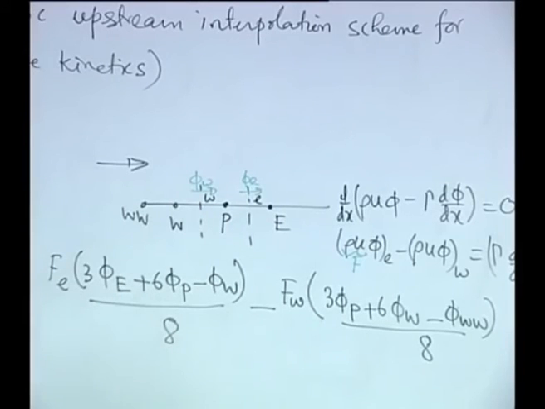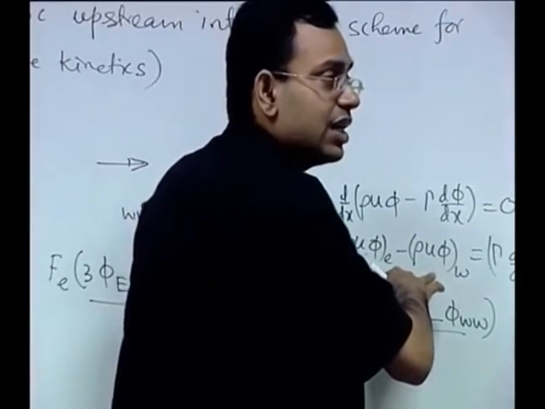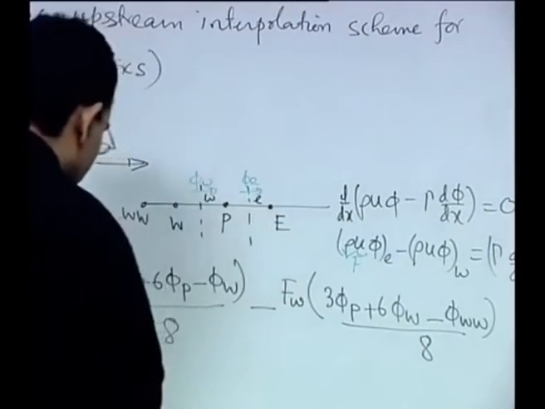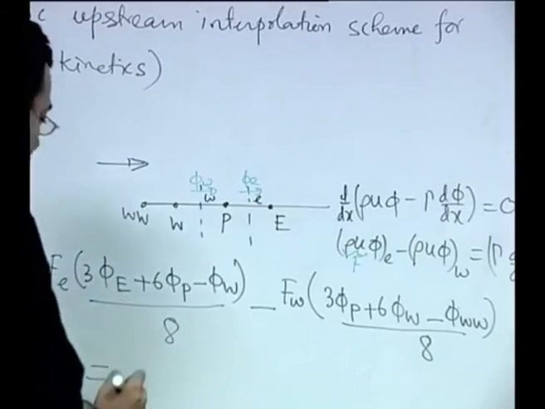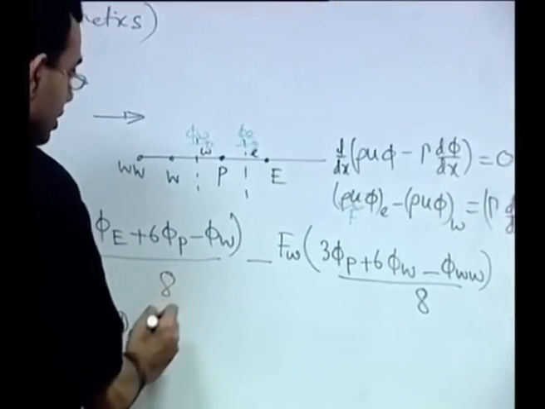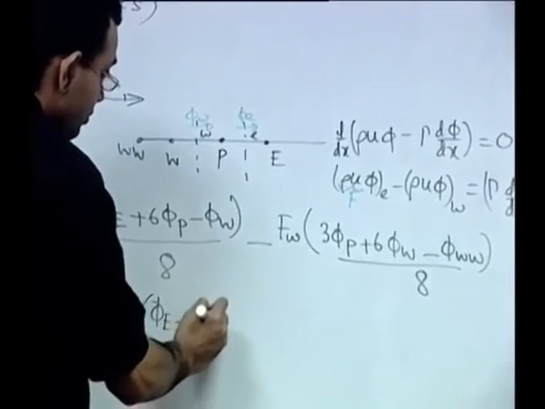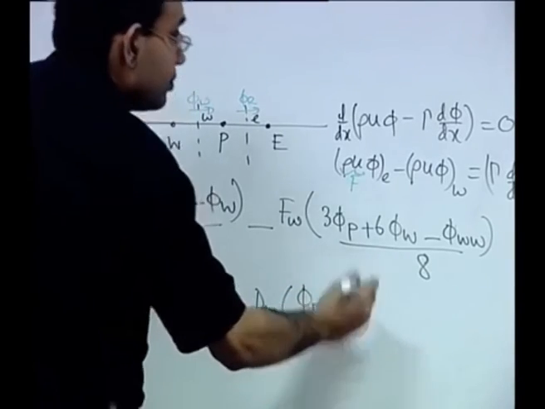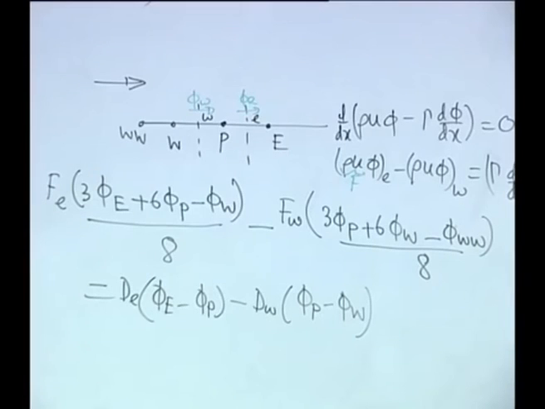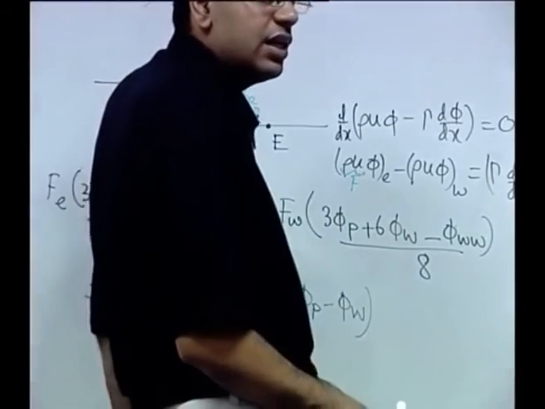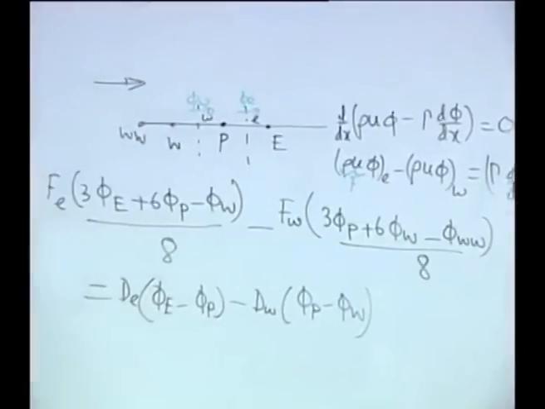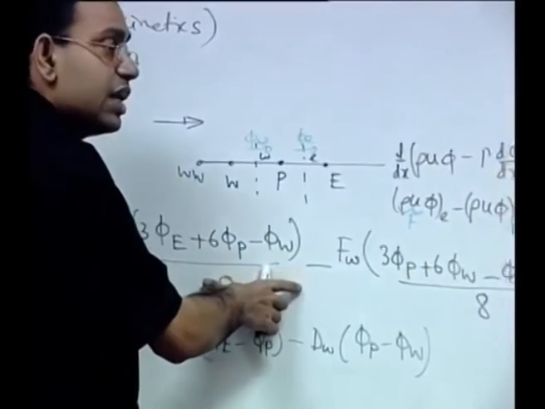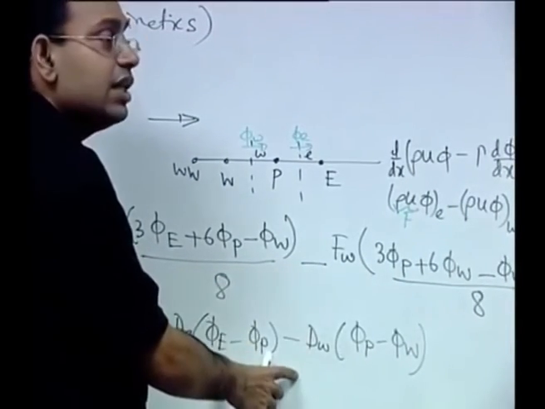The diffusion term profile you can still take the piecewise linear profile, because the whole problem was associated with the representation of the advection term. So, diffusion term you can write d e into phi e minus phi p minus dw into phi p minus phi w, where d e is gamma e by delta x e and dw is gamma w by delta x w. So, remember one very important assumption is that quadratic profile for the advection term and piecewise linear profile for the diffusion term.